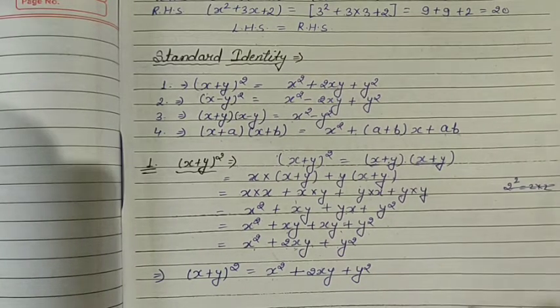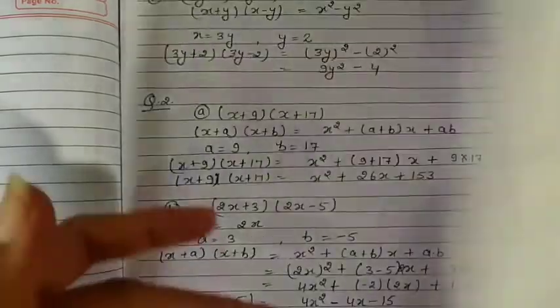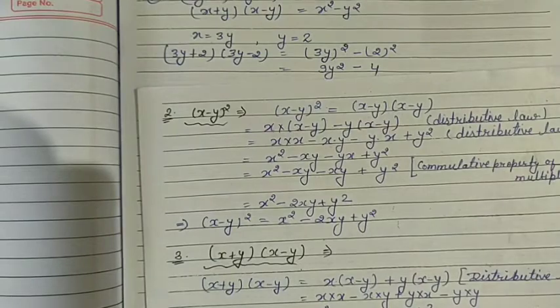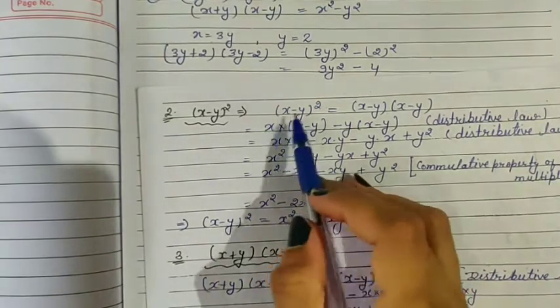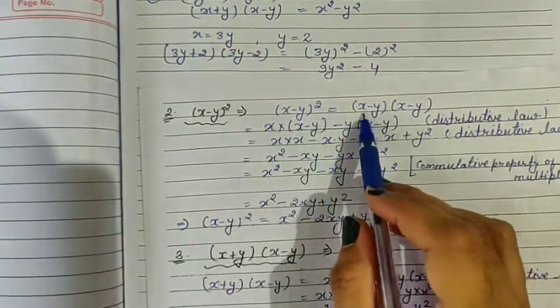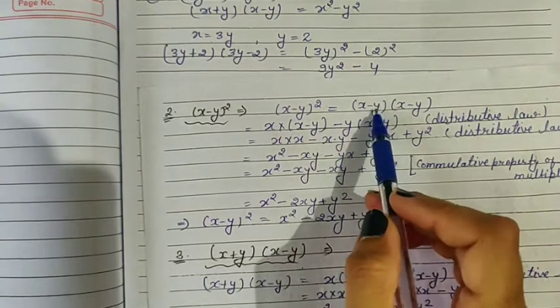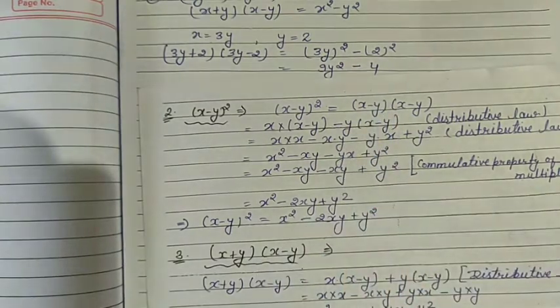Now we will do our next identity, that is whole square of x minus y. We can write whole square of x minus y as x minus y into x minus y. Okay. So now we will do multiplication of a binomial by another binomial by distributive law.